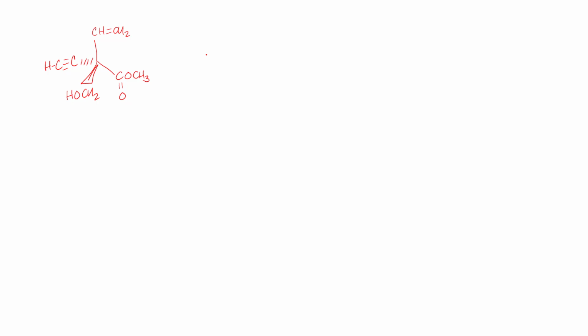Remember that if you have a multiple bond, you're going to replace the multiple bond with the multiple number of single bonds. So for instance, when we have this carbon double bond, it only has 3 groups attached to this carbon, and I can't fairly compare that to this carbon, which has 4 groups.